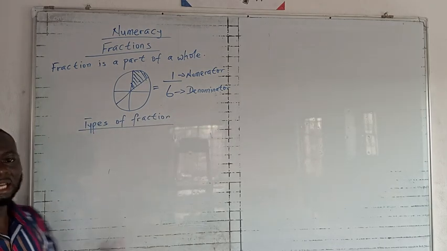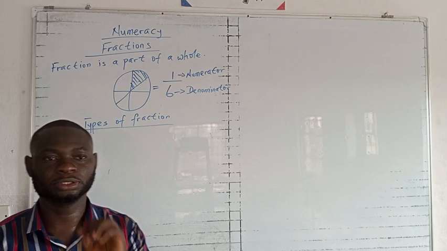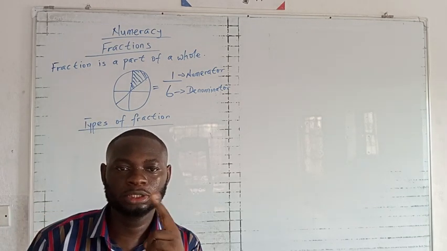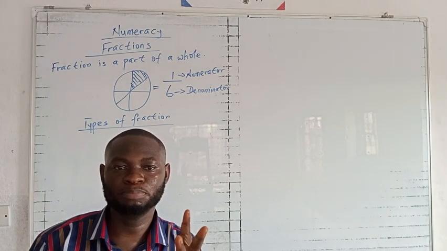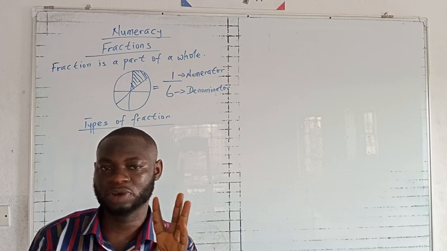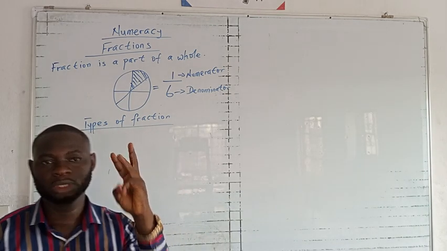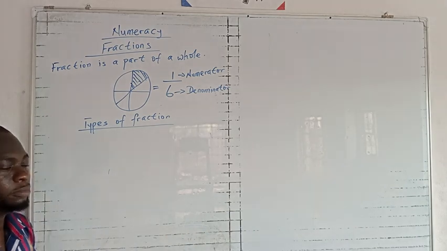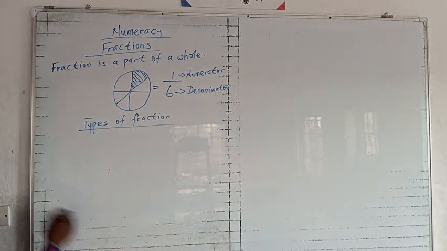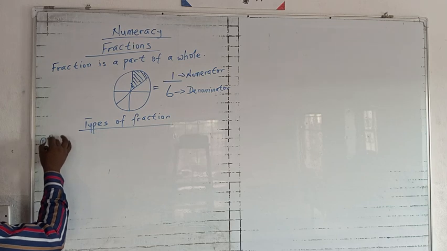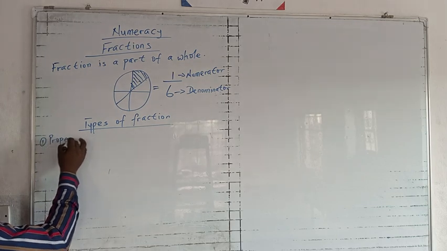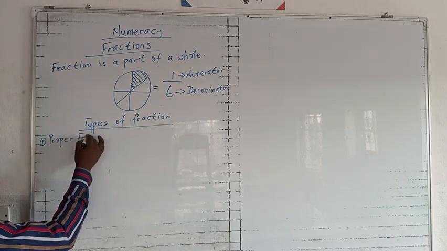Now, there are three major types of fraction: the proper fraction, the mixed fraction, and the improper fraction. So let's look at them. Number one, proper fraction.